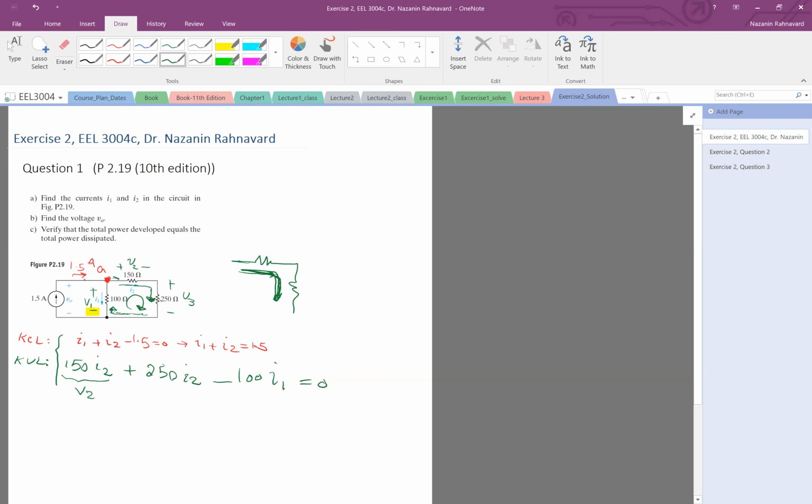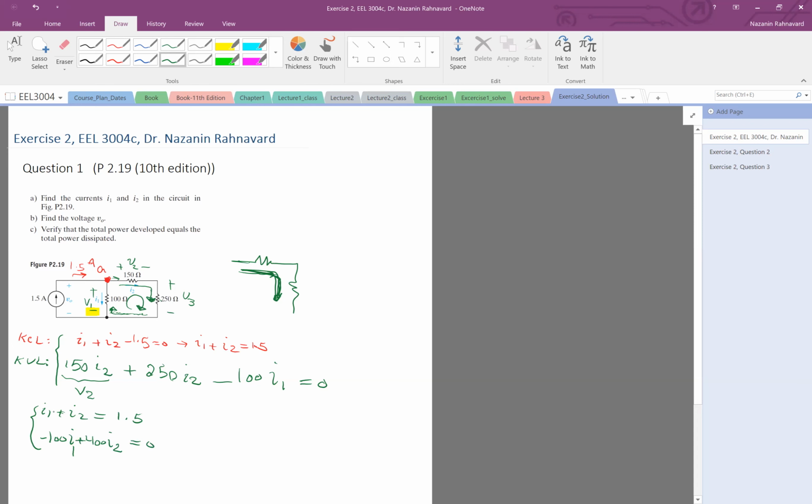So we have 2 unknowns and 2 equations. The first equation is I1 plus I2 equal to 1.5. The second equation is 150 and 250 is 400 I2, minus 100 I1 equal to 0.